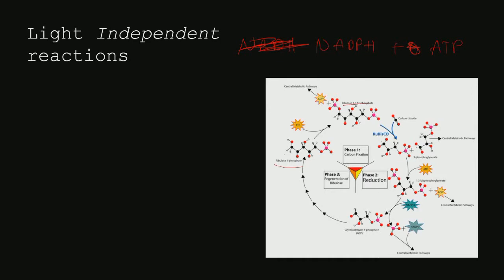So carbon dioxide is added to this molecule, and this is basically where the carbon dioxide from the original formula comes into play. More ATP is added, NADPH is added, all of these things are added until you get to this point where you have glyceraldehyde 3-phosphate.